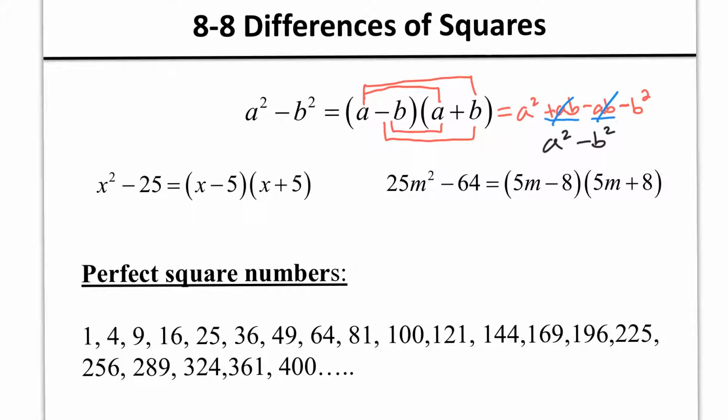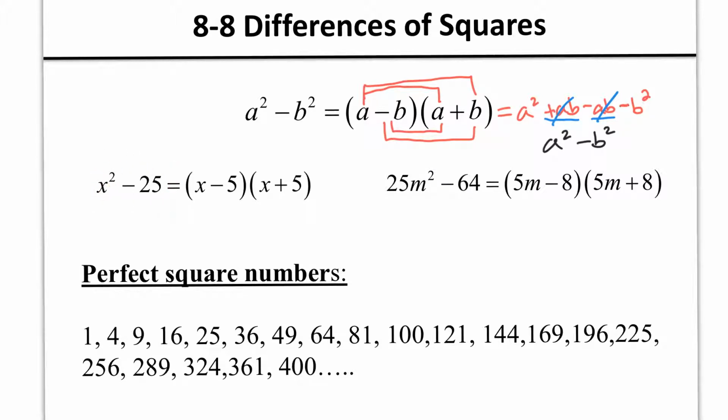Now how do you actually factor that difference of squares? Well, the two terms are going to be perfect square terms where you can use the square root to find the factors, the two binomials that will multiply to that. This is what I mean. For example, here we have x squared minus 25.